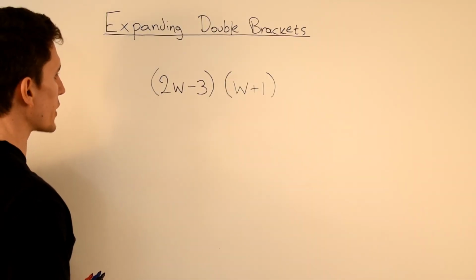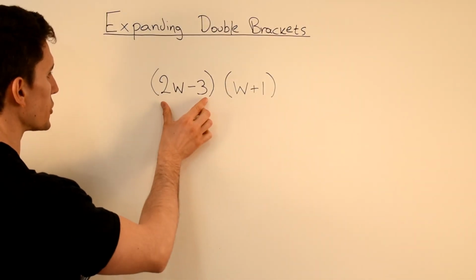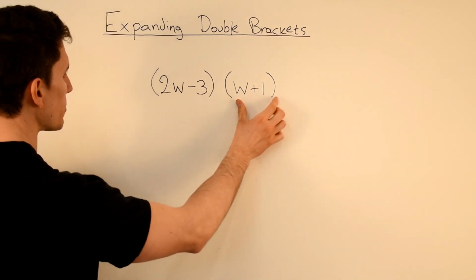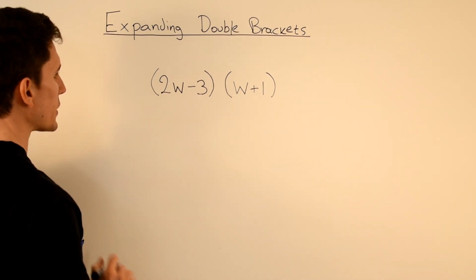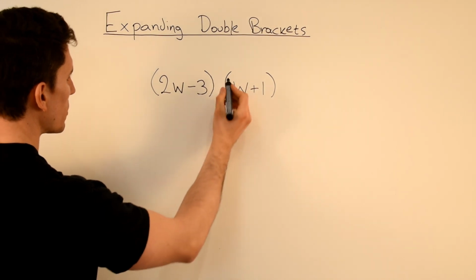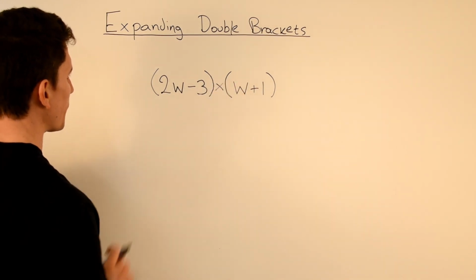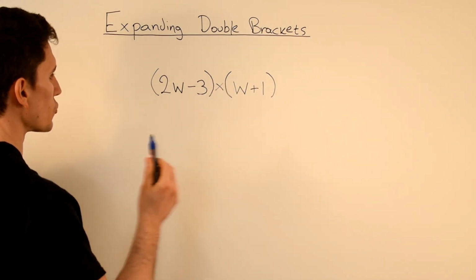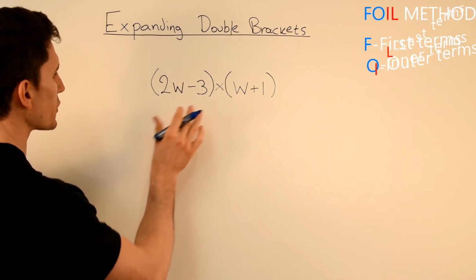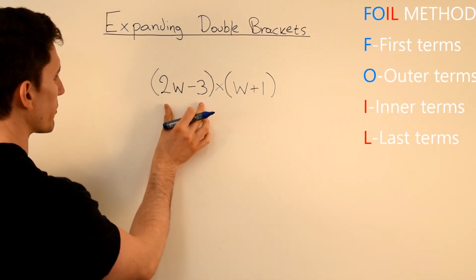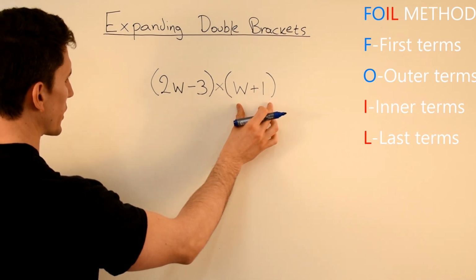Okay, so in this example we have been asked to multiply 2w minus 3 by w plus 1. Let's not forget that between the two pairs of brackets we've got an invisible times. Now let's start with drawing all the lines that will represent multiplying the terms in the first pair of brackets with the terms in the second pair of brackets.